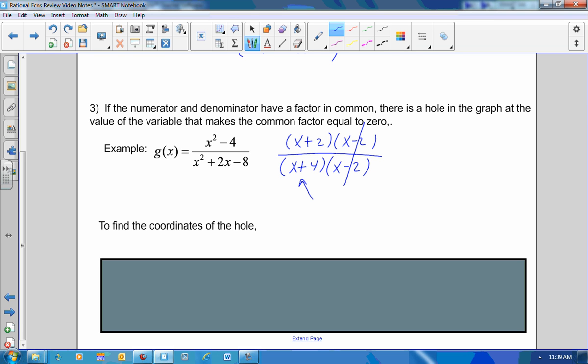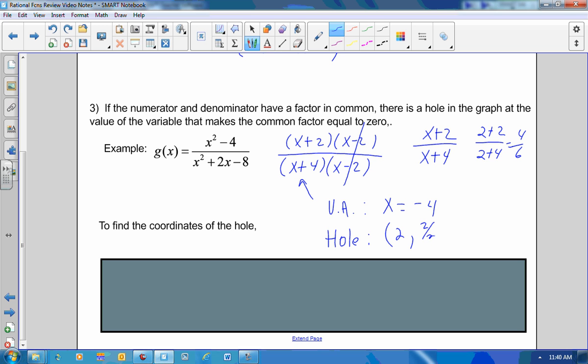So we will have a vertical asymptote with equation x equals -4, and we'll have a hole in the graph with coordinates 2, comma. What I need to do is plug 2 into the simplified expression, x plus 2 over x plus 4. So I get 2 plus 2 over 2 plus 4 equals 4/6 or 2/3. So that's the location of the hole in the graph.